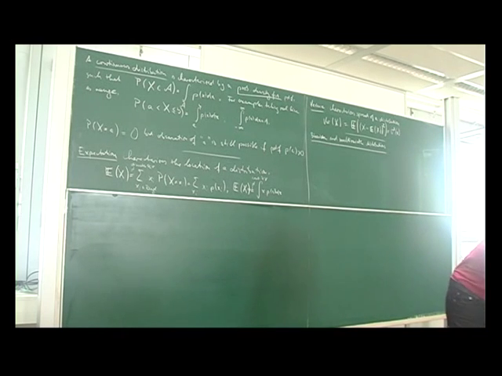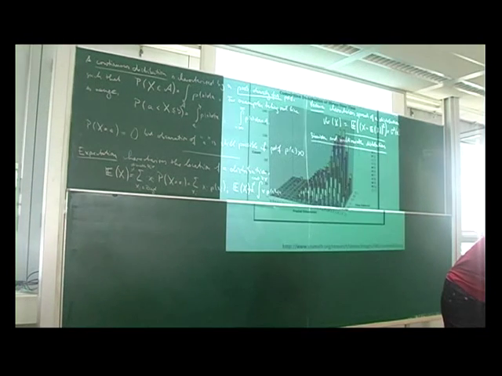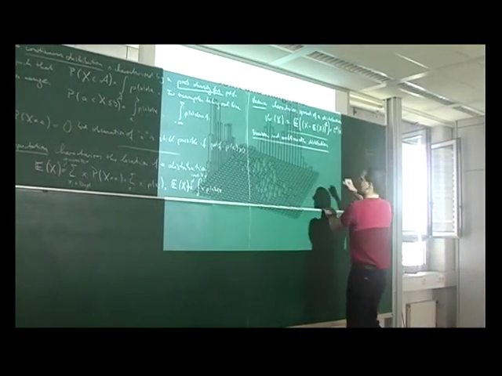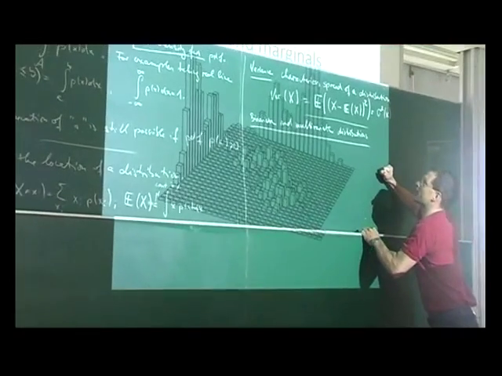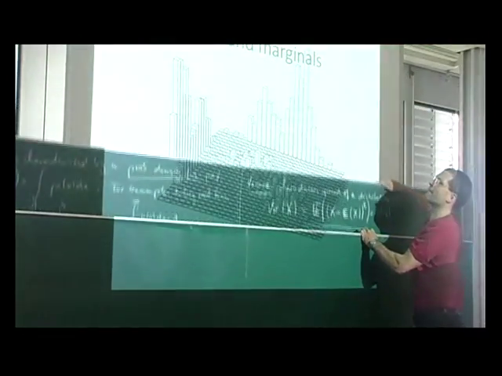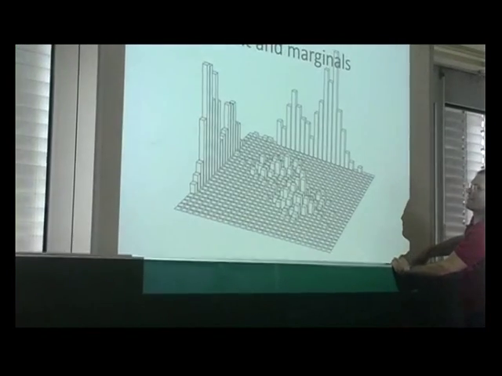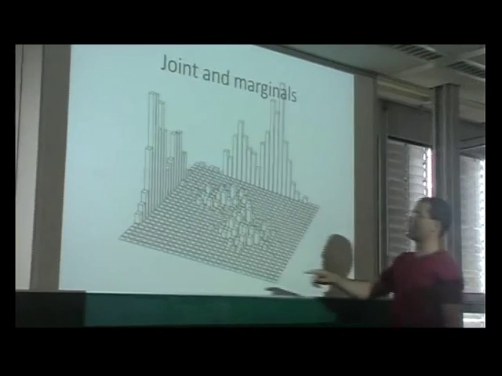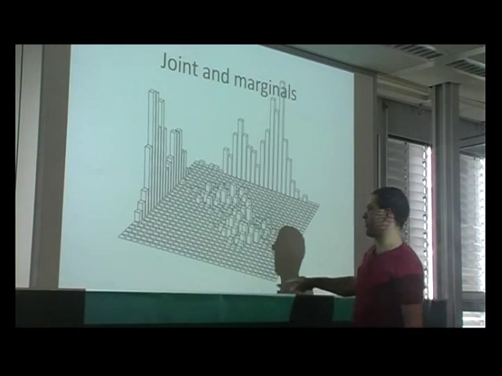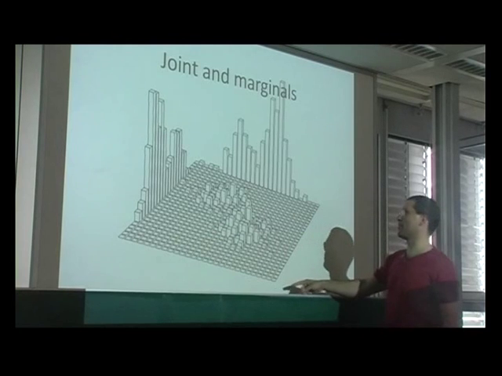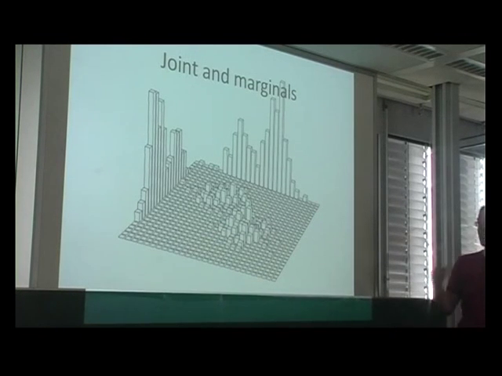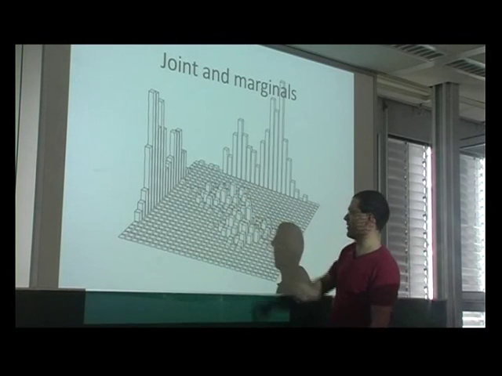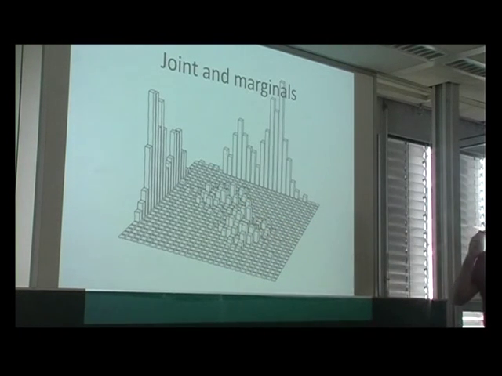Let me start by showing a picture. So I here show a couple of things, namely these are two random variables, or the possible realizations that two random variables can take, and what looks like a skyscraper somewhere downtown New York.